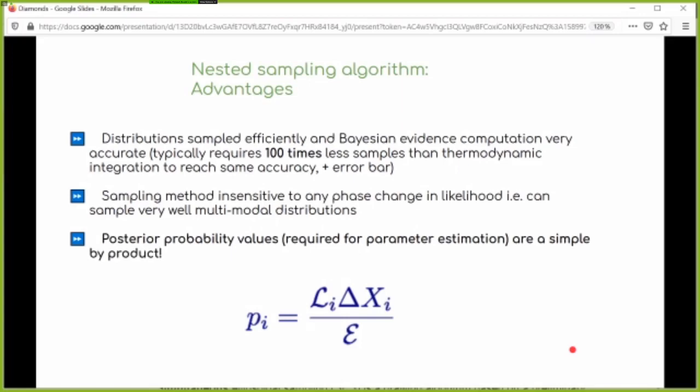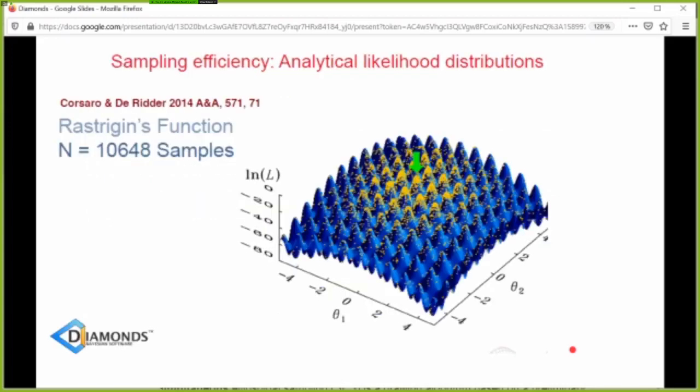One remarkable example of performance with nested sampling is with the Rastrigin function, which has a highly multimodal distribution with the global maximum, as you can see around the green target. It's like an egg box which would be bent in the center to the top, here in a 2-parameter space with a logarithm of the likelihood.